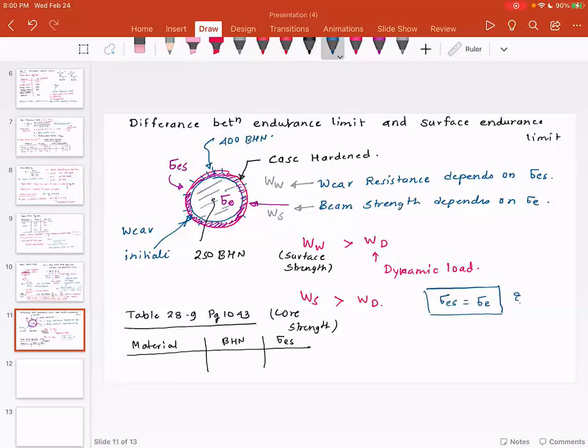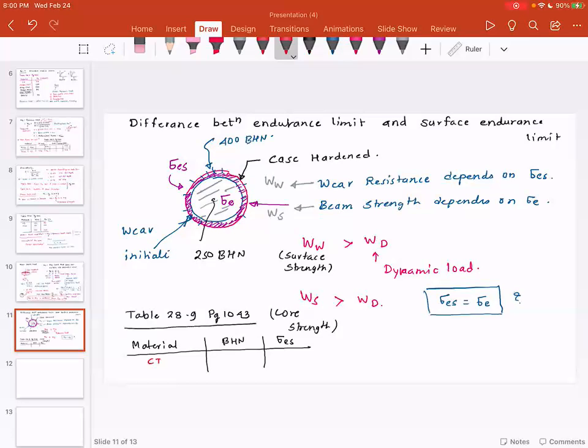And to be honest with you, there is nothing wrong with this approximation. What you are going to say is, there is no surface treatment. Whatever is the value of the core hardness, the same value you have at the surface. But typically, this may work out for low power transmission, but it may not work out for high power transmission.